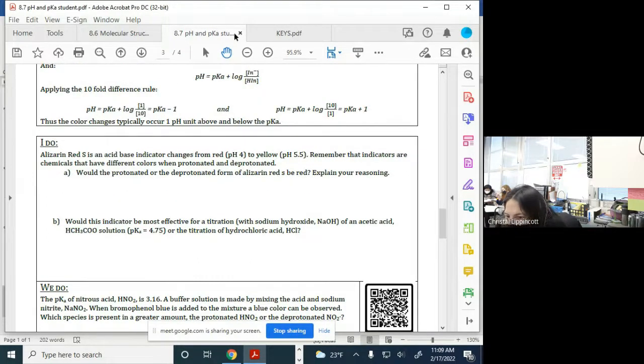Oh, well, we can just do this right here. It says right here, the red is at a pH of 4. So this is going to be the one with the hydrogen on it, because it has the lower pH. So the red is going to be the protonated form. You see how I figured that out? Whichever has a lower pH.